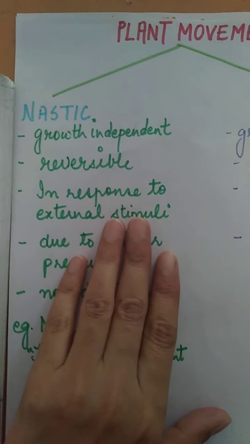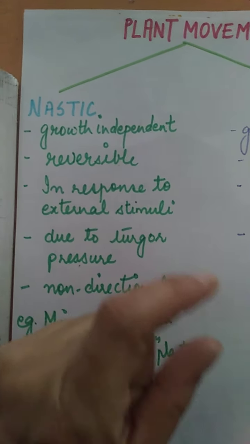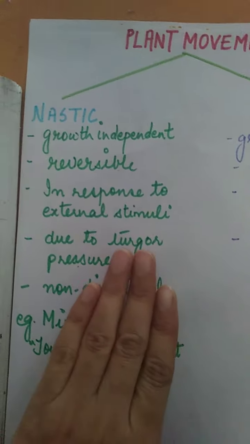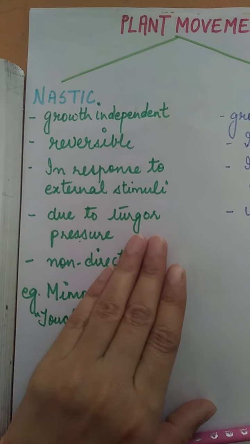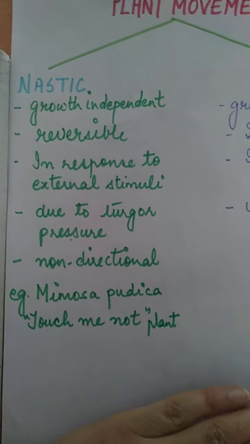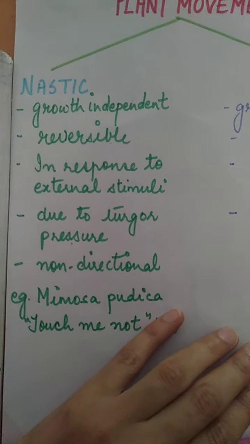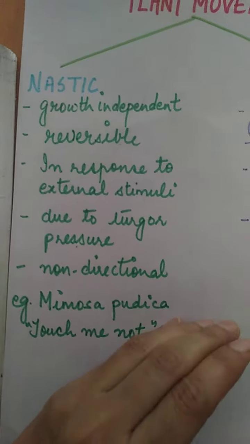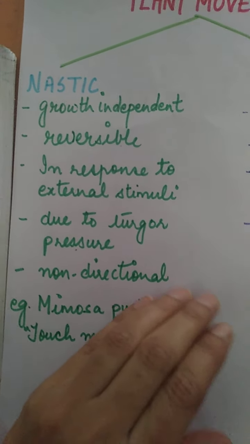They happen in response to external stimuli. Your touch is the external stimulus which leads to this nastic movement. They are due to turgor pressure. We know that turgor pressure is due to the water present inside the cell. So when we touch the leaves of the plant, the water drains out of the cells.